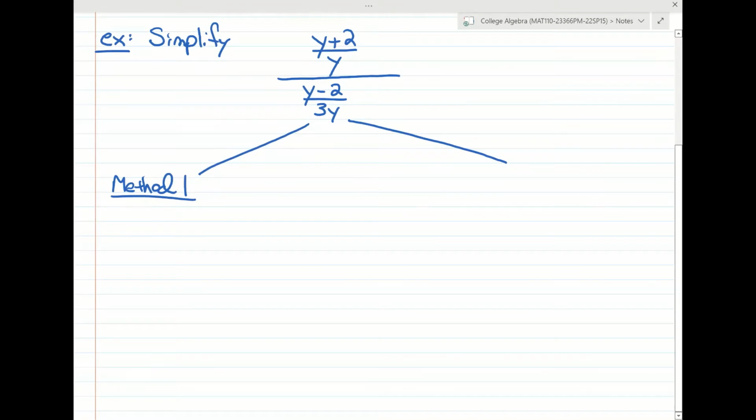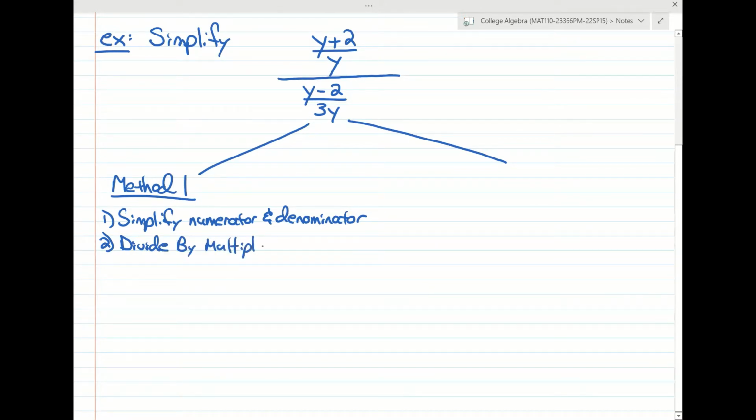One way to handle a fraction like this is to simplify the numerator and denominator. And then we're going to divide by multiplying by the reciprocal. And then the last step is we simplify.